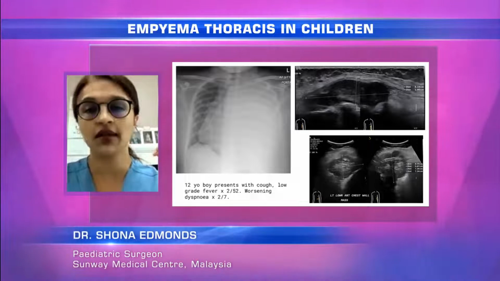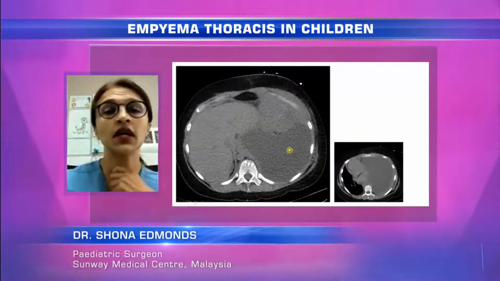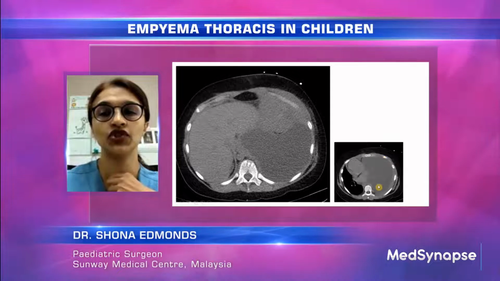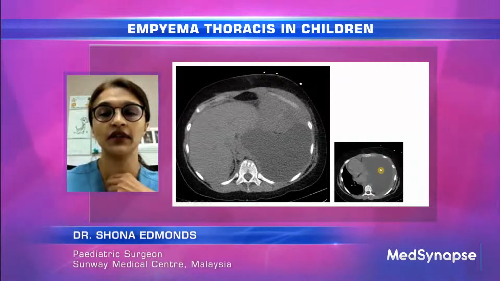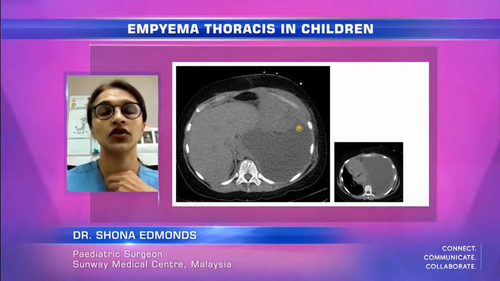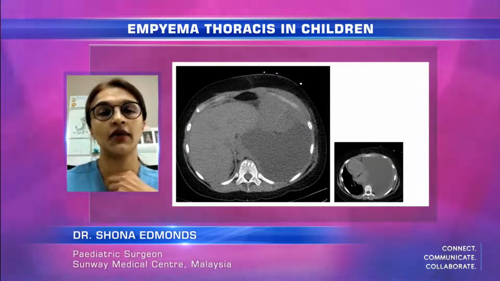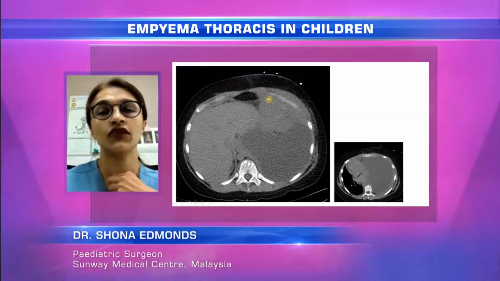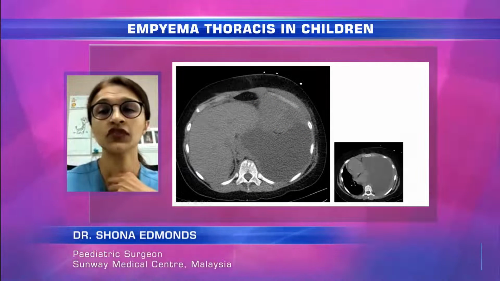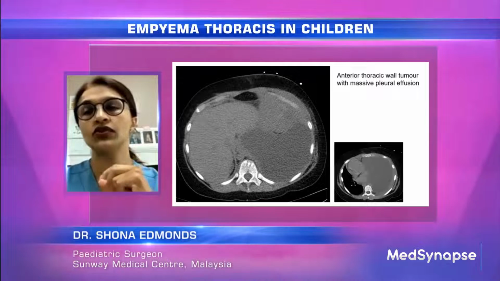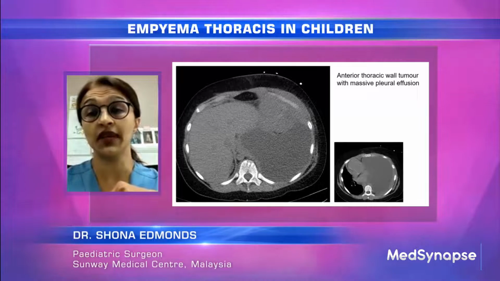And again, a CT scan then confirmed that this child did have a massive left pleural effusion, the one that I'm pointing to on the right side of the screen. But in the lower zone of his left hemithorax, we find a mass arising from his chest wall. So the diagnosis of an anterior thoracic wall tumor with massive pleural effusion was made.